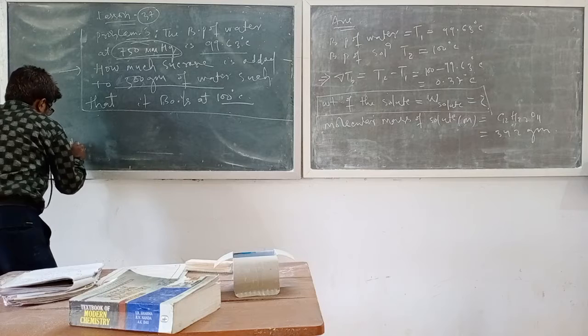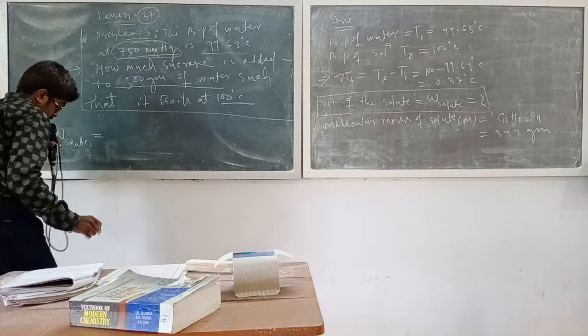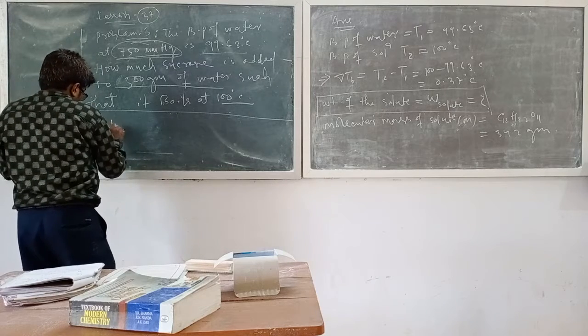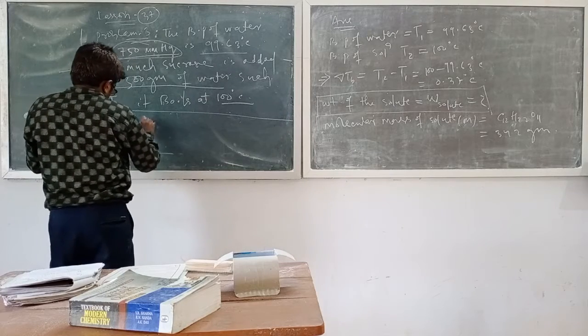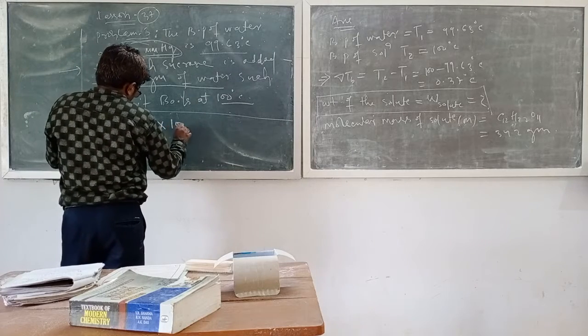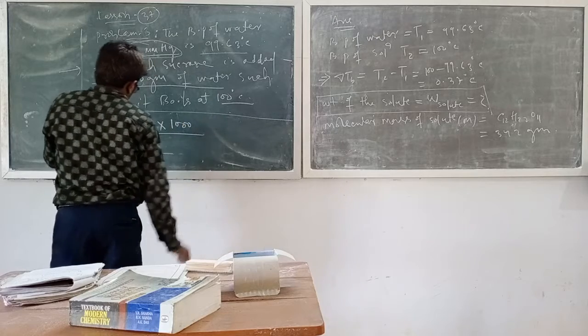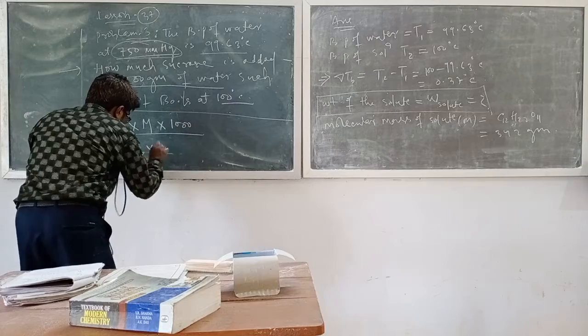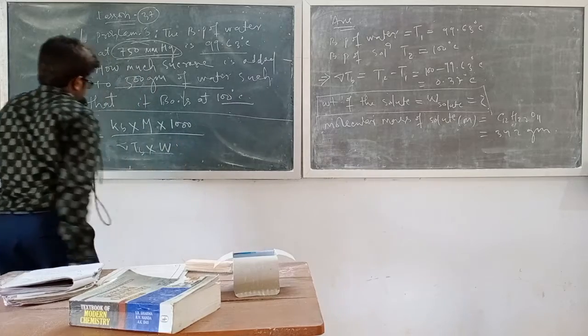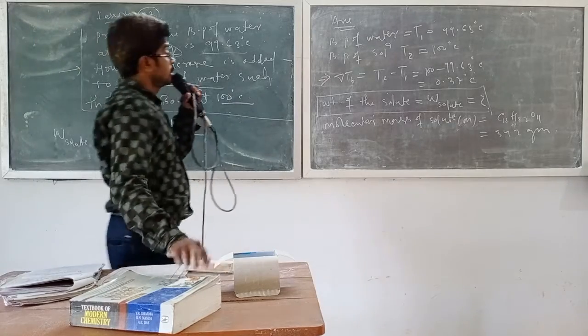W solute equal to Kb into M into 1000 divided by delta Tb into weight of the solvent. We know that.